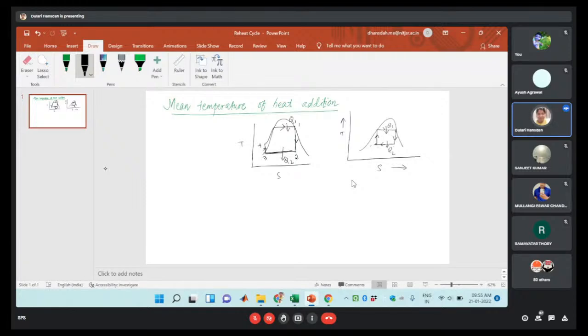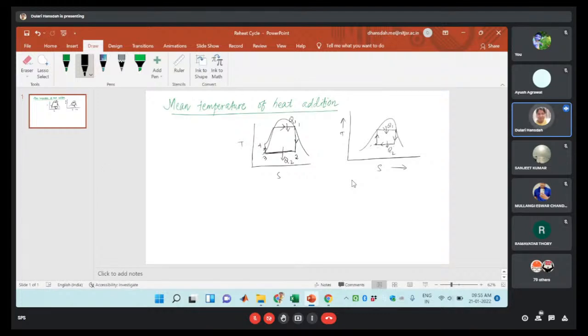Whereas this is the basic cycle for all the heat engines. These two are both ideal theoretical cycles. Here I have taken all the processes as reversible processes.